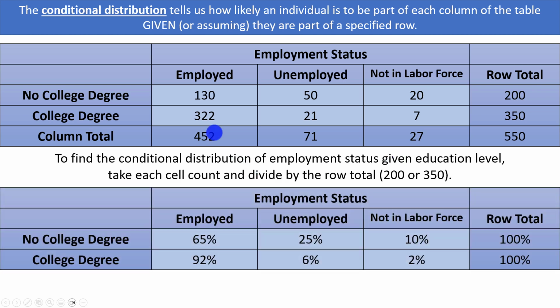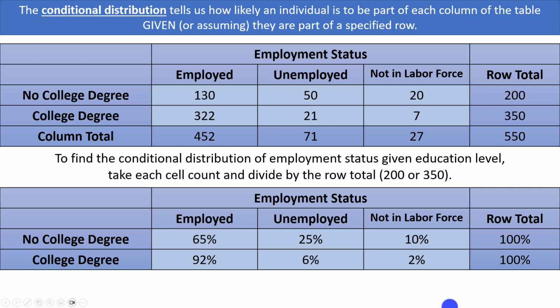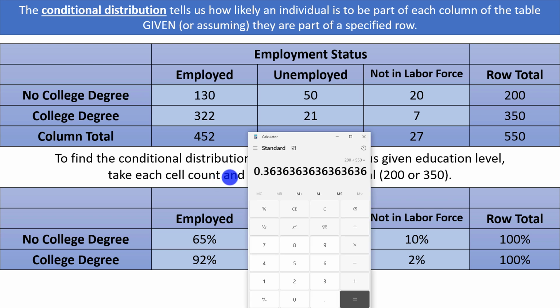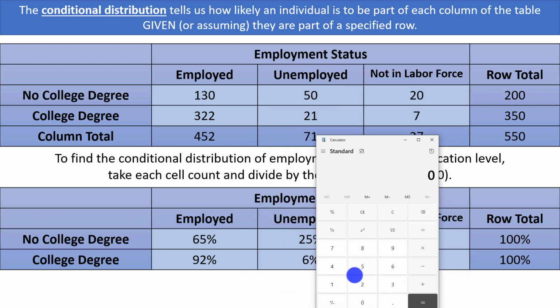So we would take, for example, the 130 and we would divide by the 200 and we would get 65%. Let me show you that really quick. If I grab my calculator again, let's take the 130 here. And now instead of dividing by the grand total, if I just divide by the row total, which is 200, I get exactly 0.65, or if I multiply by 100, I will get the percent form, which is 65%, right?